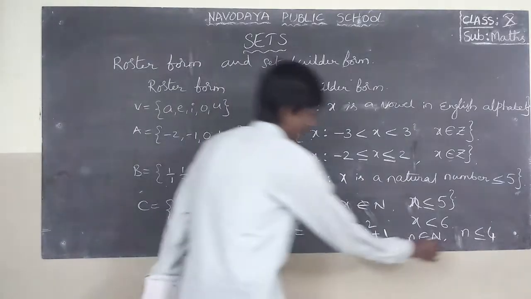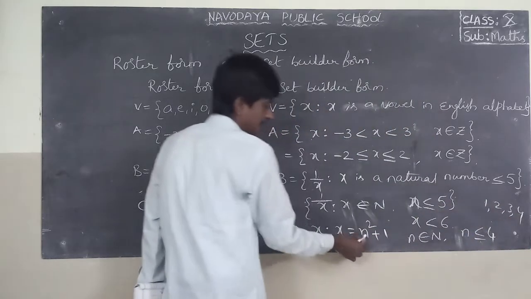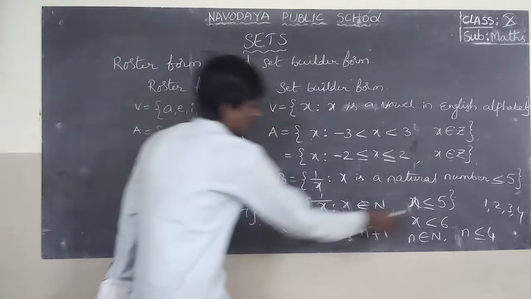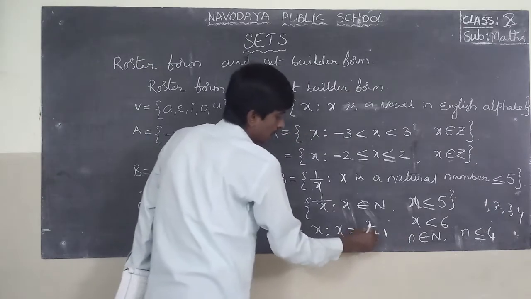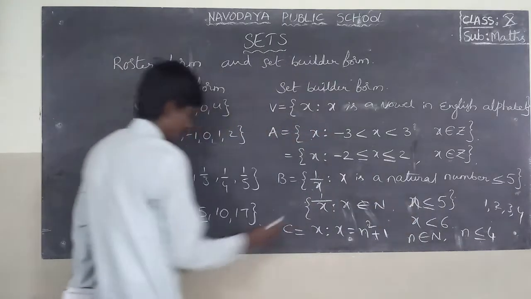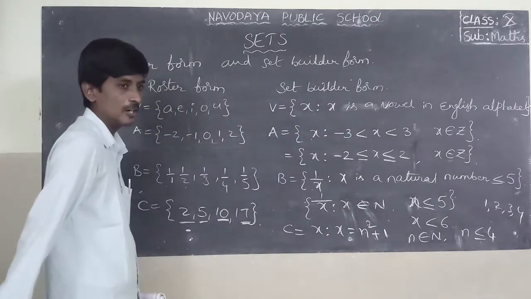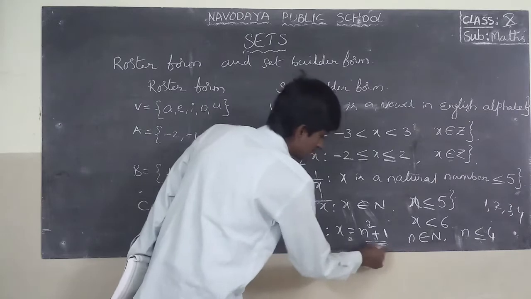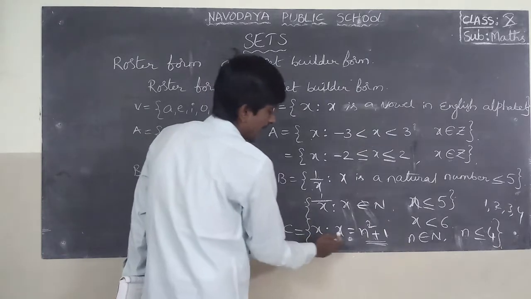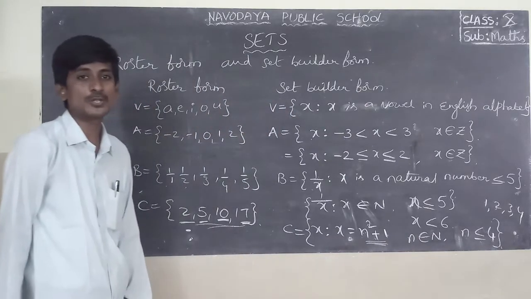If you substitute n from 1 to 4: 1 square is 1, 1 plus 1 is 2, the first number. 2 square is 4, 4 plus 1 is 5, the second number. 3 square is 9, 9 plus 1 is 10, the third number. 4 square is 16, 16 plus 1 is 17. So these are in the form of n square plus 1. This can be written as x such that x equals n square plus 1, n belongs to N, n less than or equal to 4.